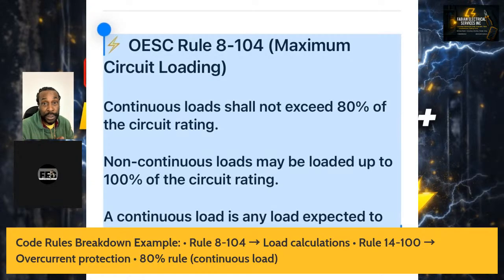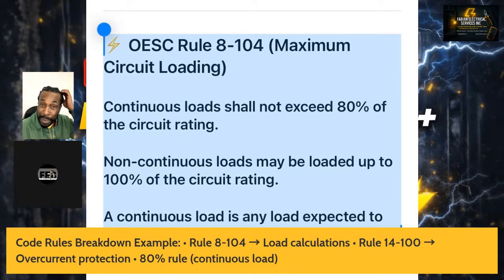This is 8-104, and it says maximum circuit loading. Continuous loads shall not exceed 80% of the circuit rating. Non-continuous loads may be loaded up to 100% of the circuit rating. A continuous load is any load expected to run more than 3 hours, so it's going to keep running constantly.